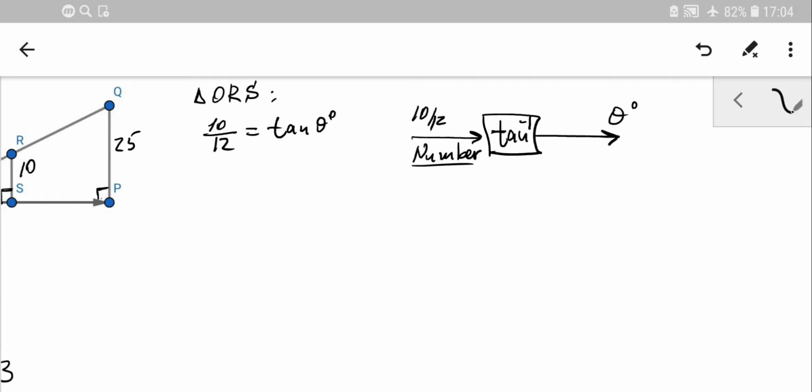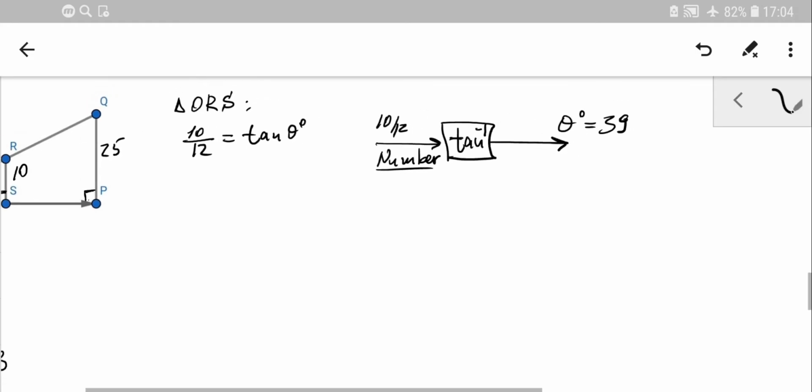That's the rule, and that's why you go to the second set of operations on your smartphone and take tan minus 1 of the fraction 10 over 12. It will give you theta to be 39.81 degrees, rounded to 2 decimal places.